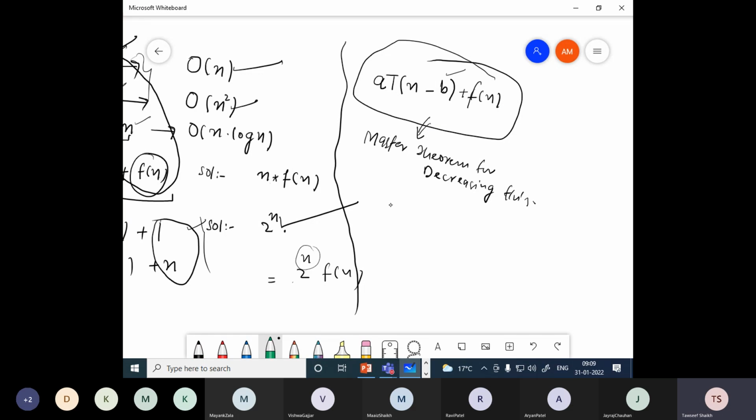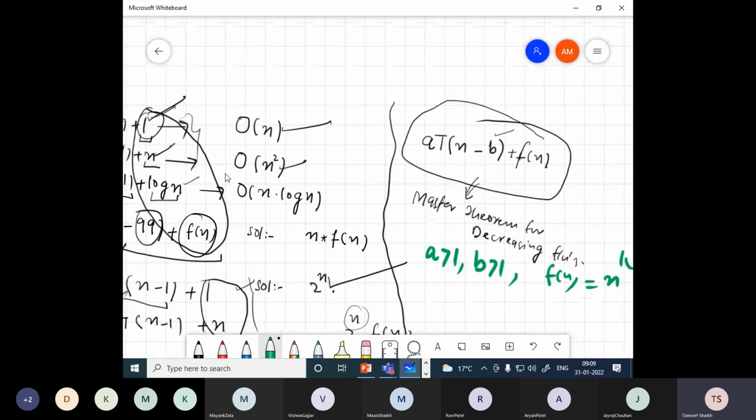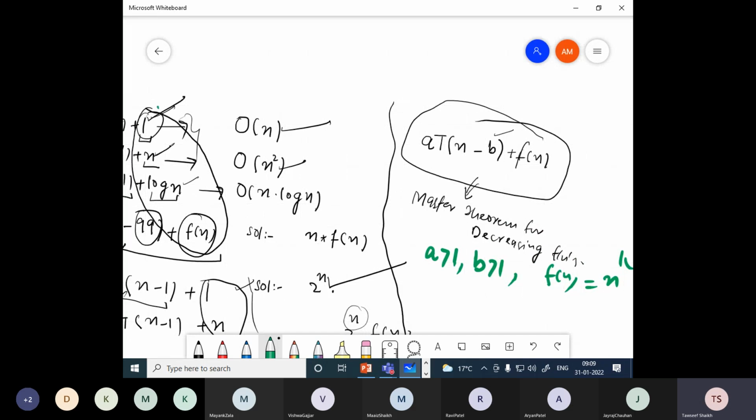And what we are assuming in this Master's theorem is that a should be greater than 1. Similarly, b should be greater than 1. And this f of n is n to the power of k, if you see it clearly. When we took these recurrences as examples, f of n was equal to 1, which can also be written as n power 0, so k is equal to 0 at that time.